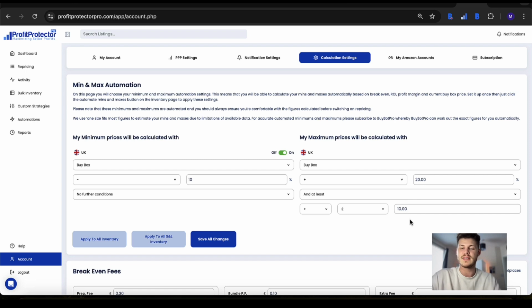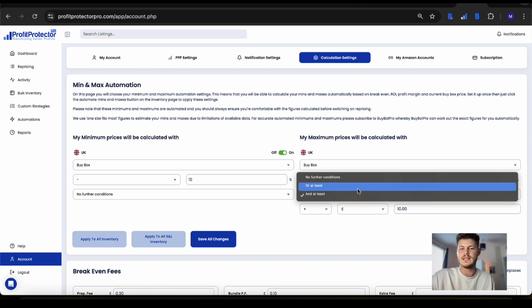So I would say anywhere from, as I say, 20 to 80% as your window. Choose any percentage within there, whatever makes most sense to you, and use it. You can use a calculator like I just did there to see what potentially would happen with different buy box prices and so forth. So set it up like that.